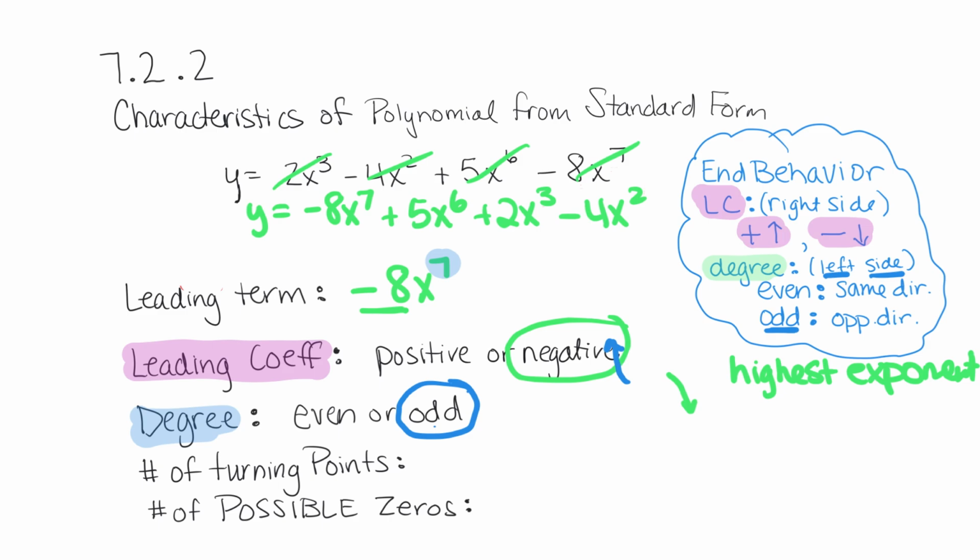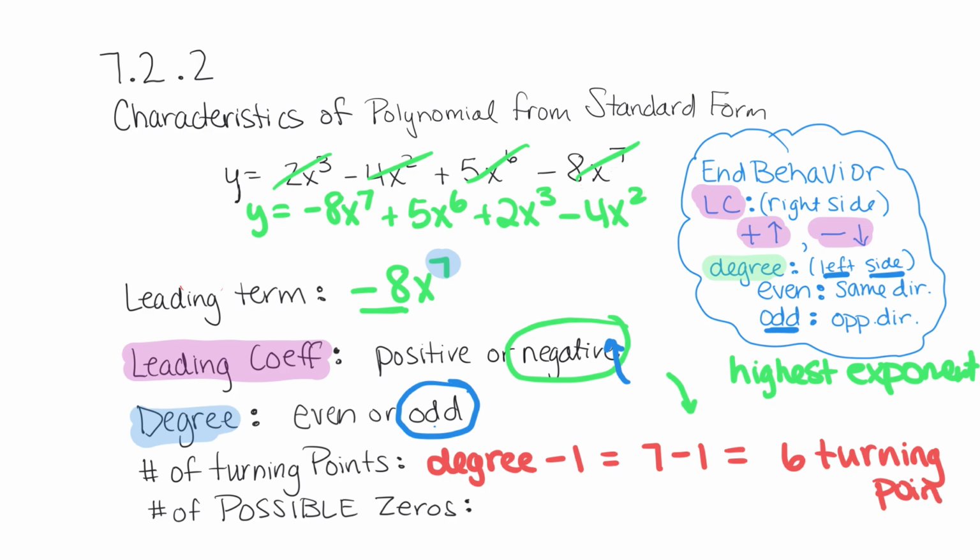Now, sometimes they also ask you the number of turning points. Well, the number of turning points is always going to be the degree minus 1. So in this case, our degree was 7, and 7 minus 1 is 6, so it has 6 turning points. And then the number of possible zeros always matches your degree.